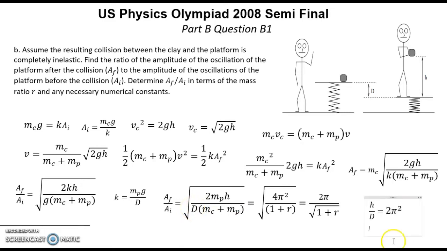That was this one, and finally we will get this formula, and totally this is our answer: 2 pi over root of 1 plus r, where r is the ratio between mc and mp. So that's the solution for question B.